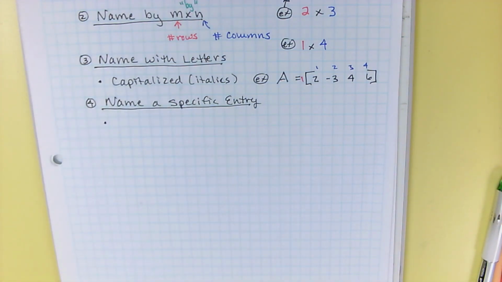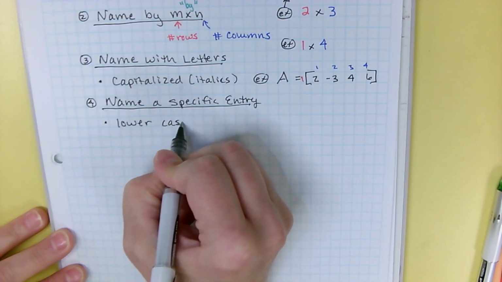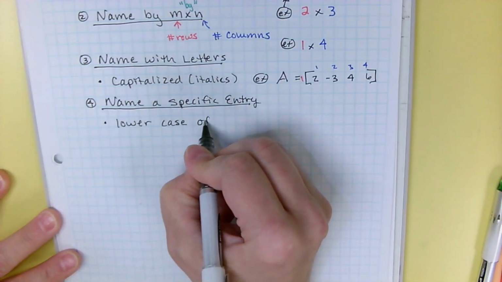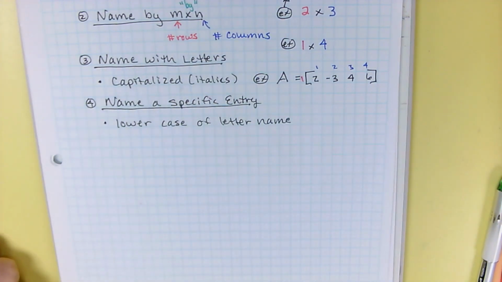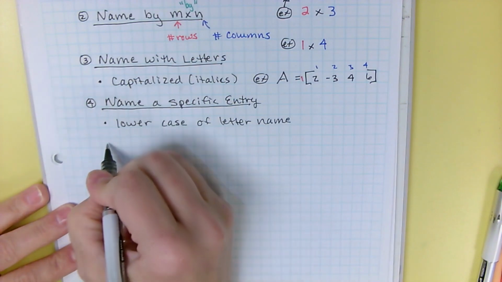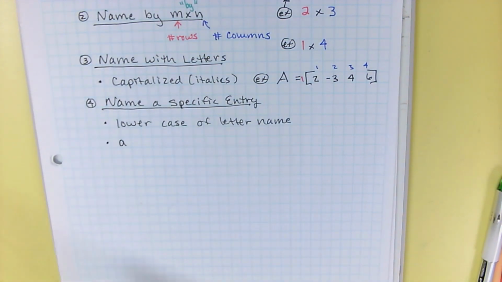Okay, so when you name a specific entry, you use a lowercase of the letter name. And we refer to that usually as a lowercase a.